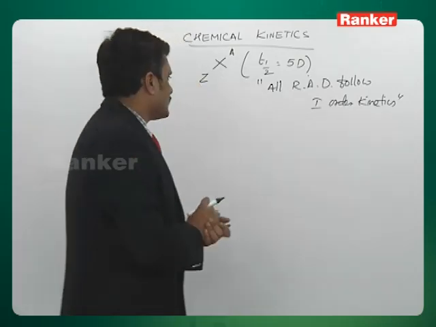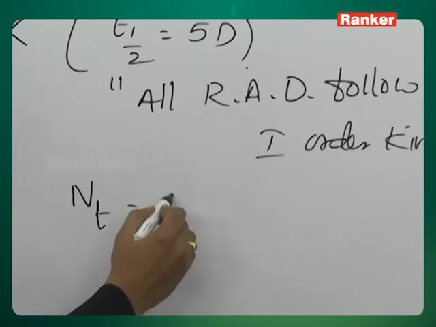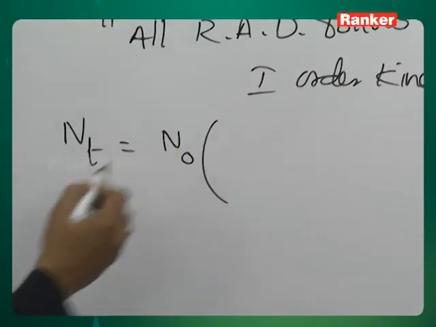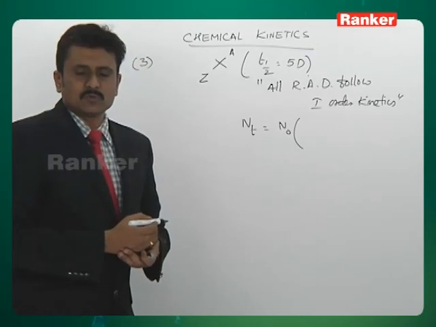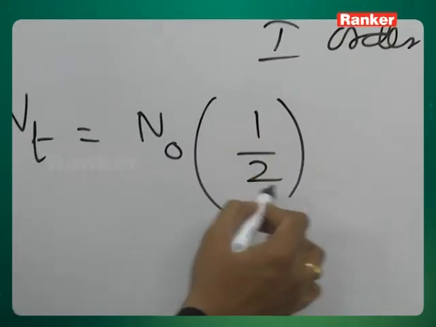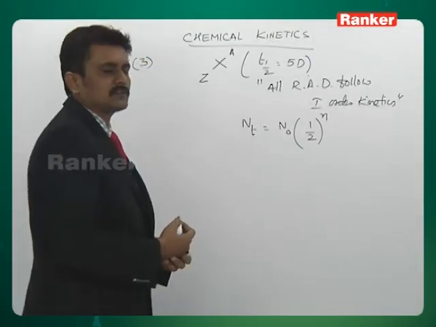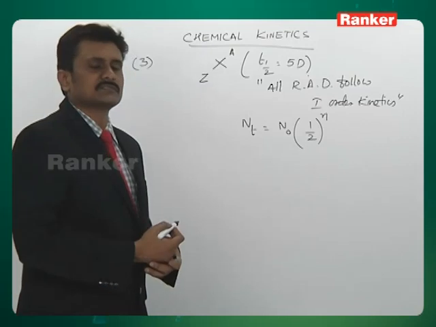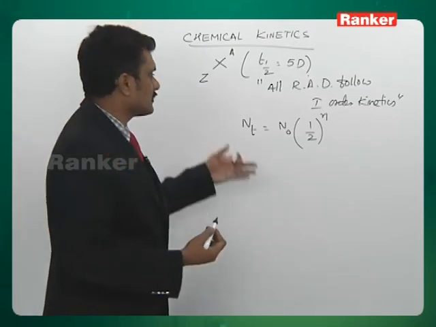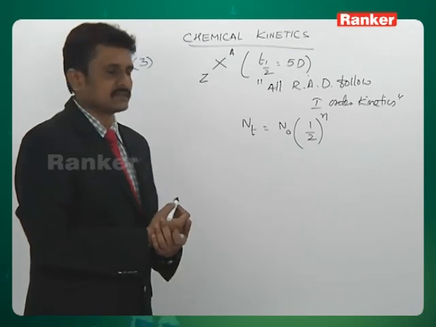What I mean to say is that the number of atoms remaining after n number of half-lives is equal to the initial number of nuclides into 1/2 whole power number of half-lives. So we are going to use this simple formula to find the number of nuclides that are remaining after n number of half-lives.